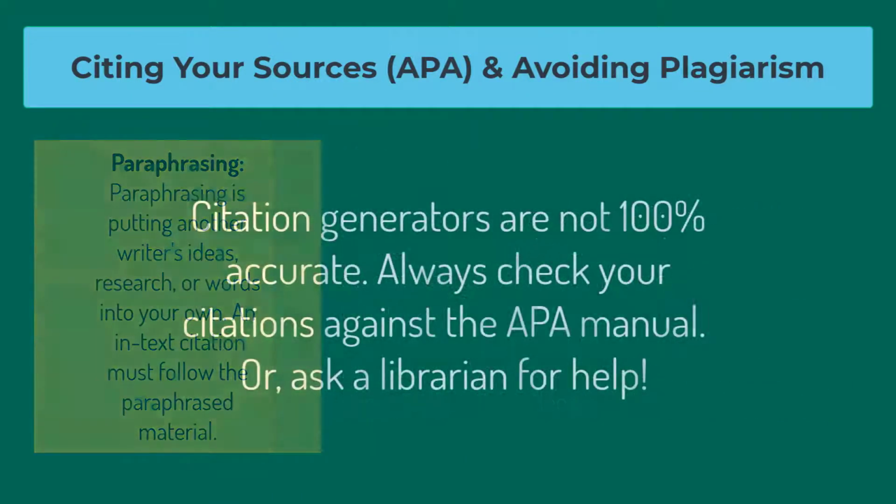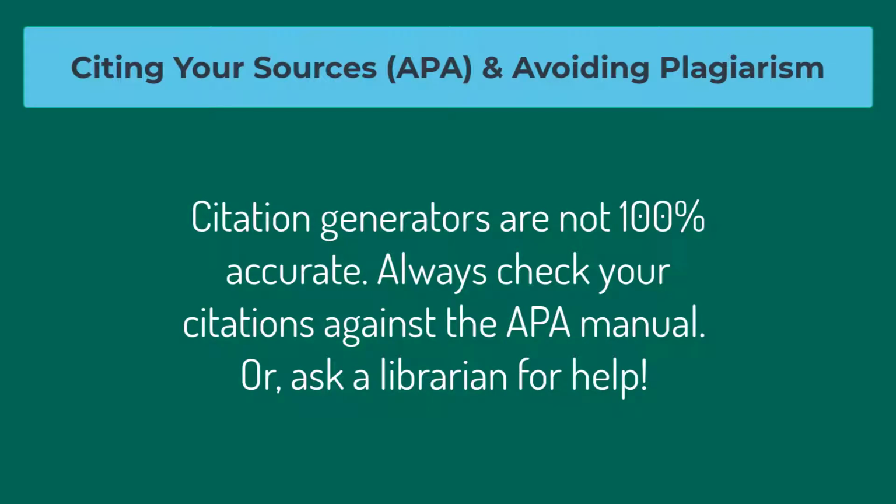Now, the database citation generators I've shown you are really helpful, but there's often one or two mistakes, so we will briefly go over the format for citing books and journal articles in your reference list.